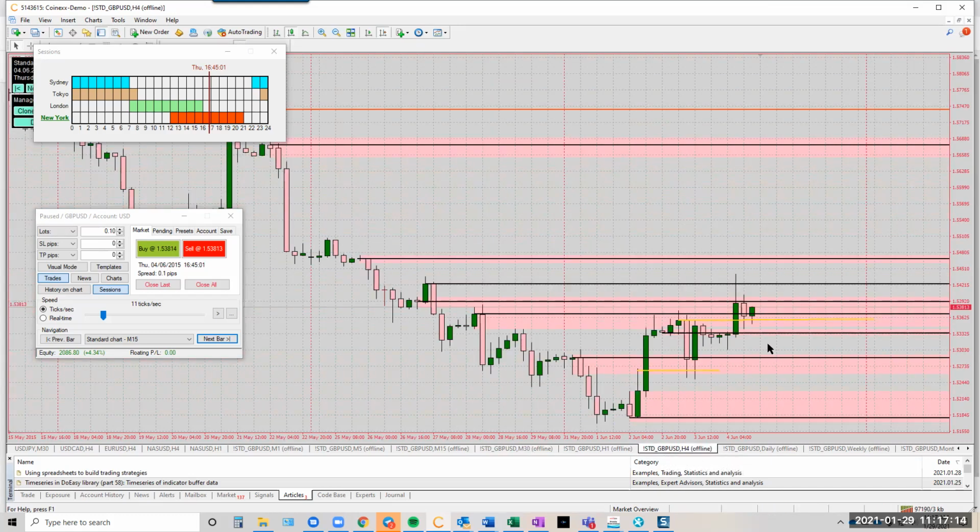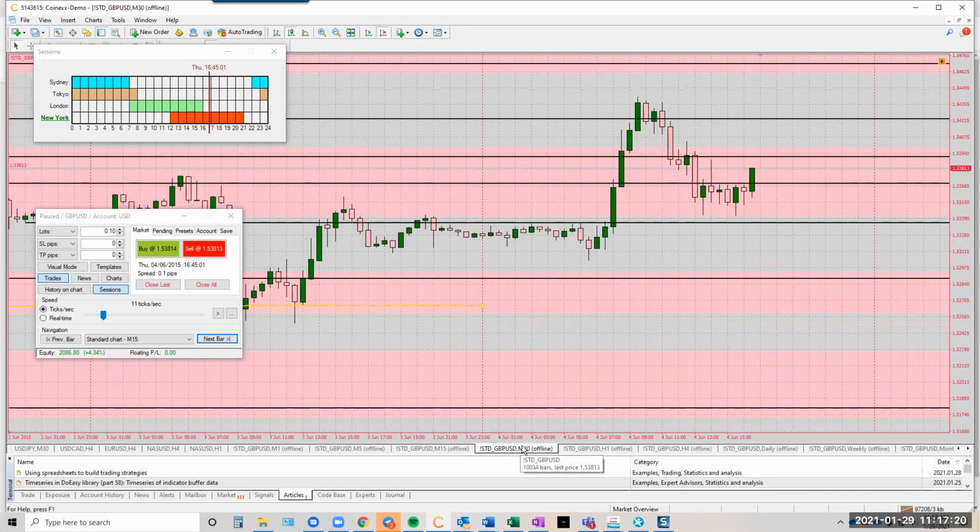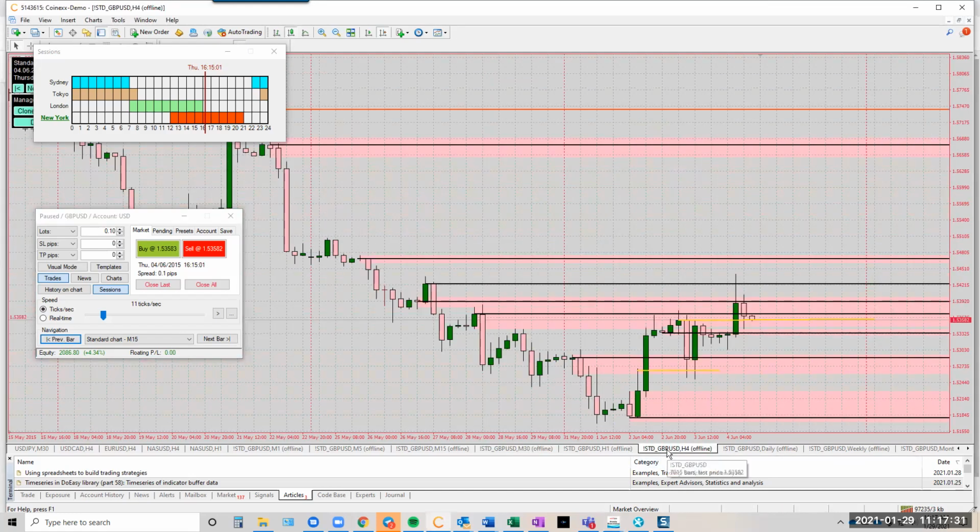So it was going to reject, even though I saw that pattern in the 4 hour. Really, when I go to the 30 minute, I should have trusted my instinct. I'm going to back up and show what I was seeing here.